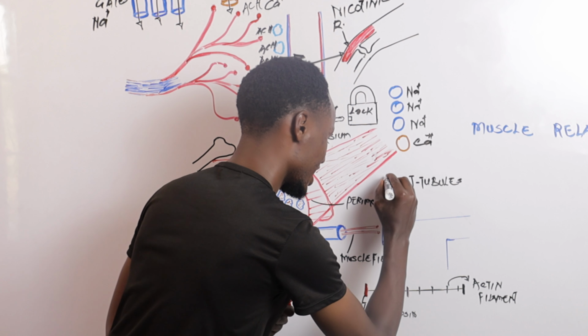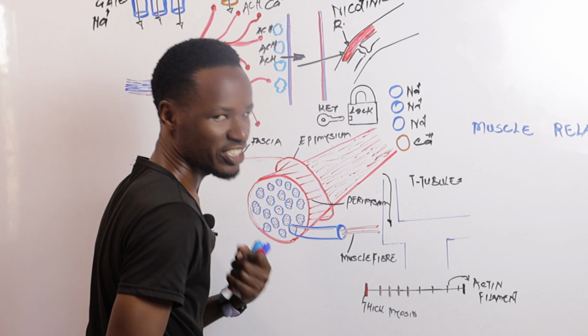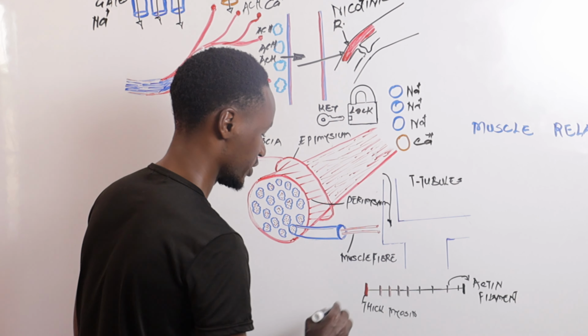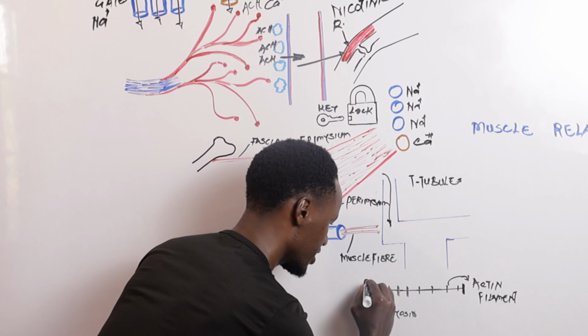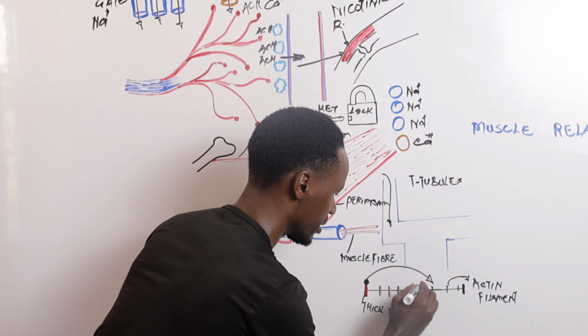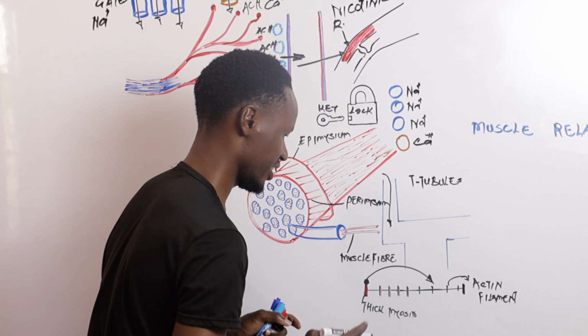So inside now this T-tubule, it is where now the calcium that was released tells this thick myosin and their myosin heads to attach themselves to the actin filament, and this actin filament gets pulled together.